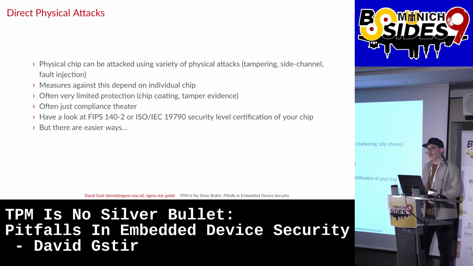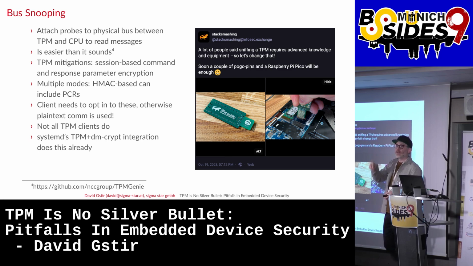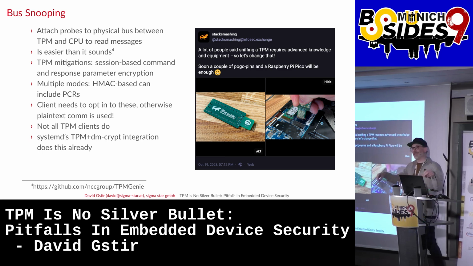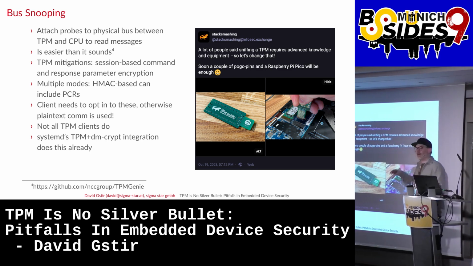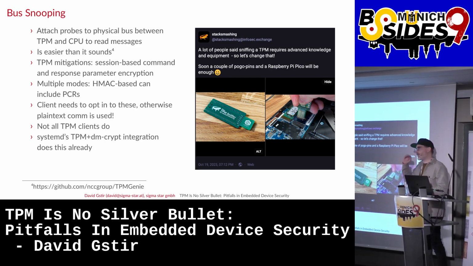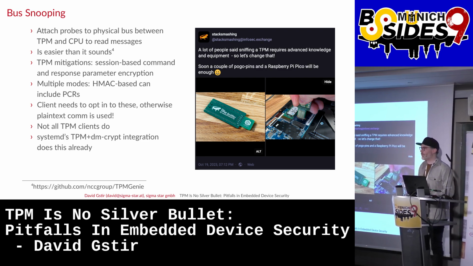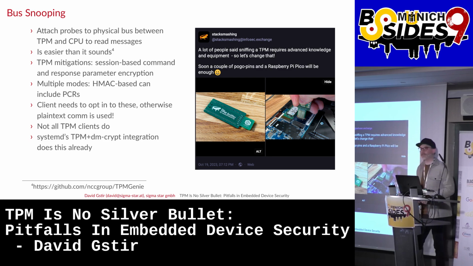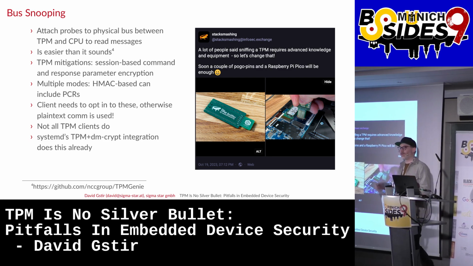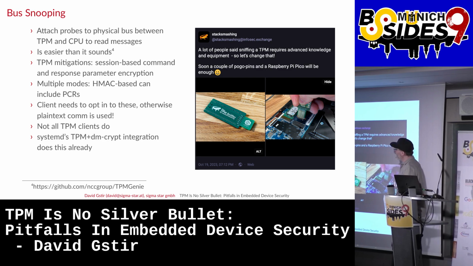But there are actually easier ways to tamper with the TPM chip, and that is looking or listening on the bus, which connects the TPM to the CPU. There's actually a bunch of research being done there, and there have been a bunch of attacks. I mean, Windows PCs are known to, I think every 2 years we get some new BitLocker decryption variant for how to get the key out of the TPM or listen on the bus and extract the key.